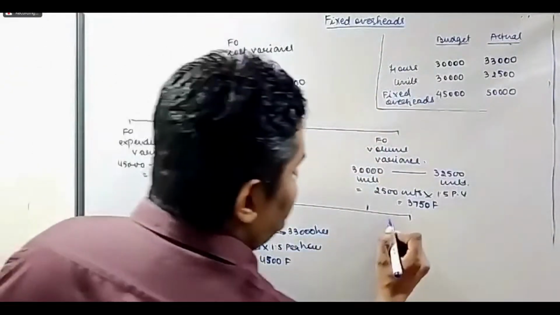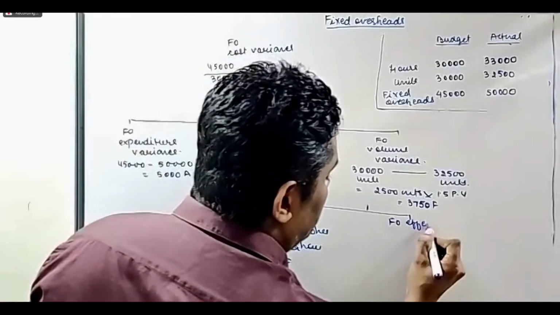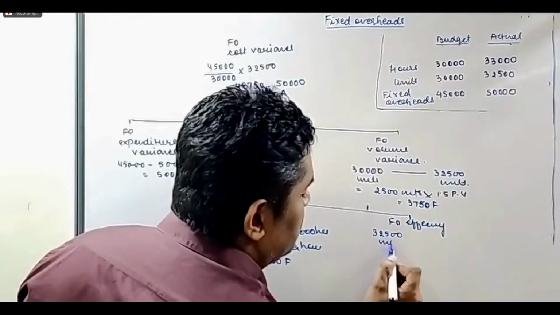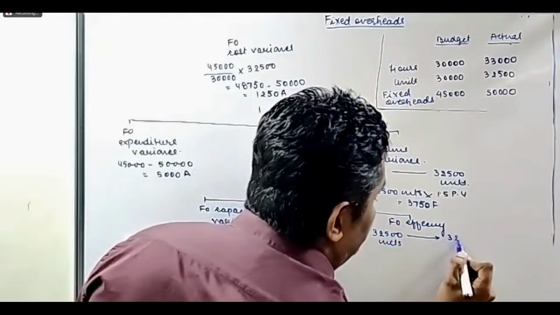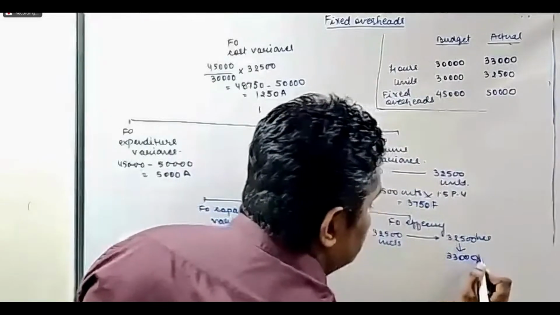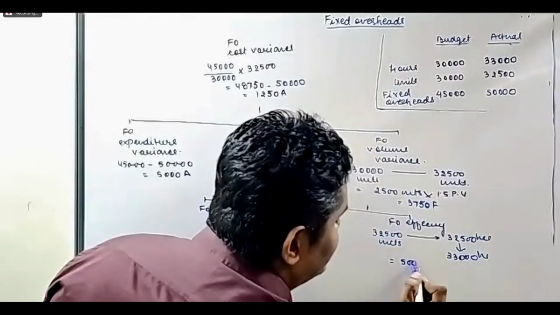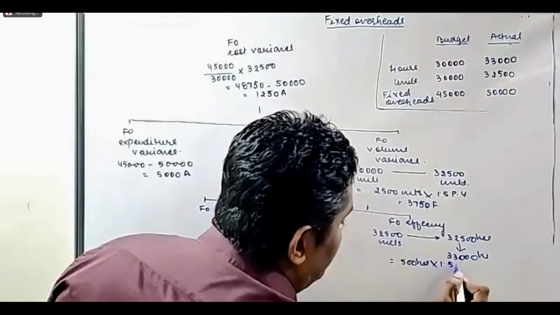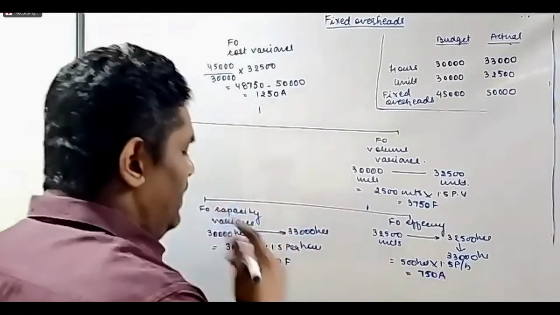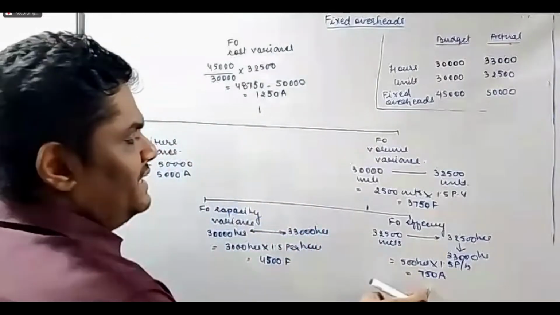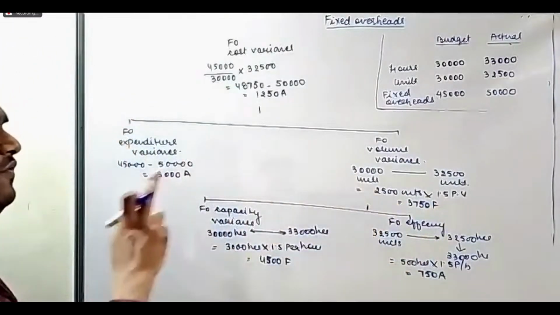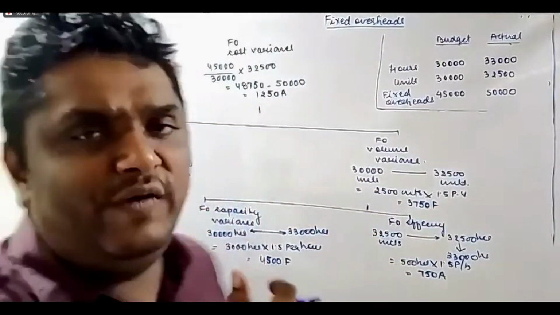Further, when talking about efficiency variance, again no change. 32,500 units should be manufactured in 32,500 hours, but we took 33,000 hours. So 500 hours is my inefficiency into the rate per hour, that is 1.5. So we will get 750 adverse. Again, 4,500 favorable minus 750 adverse, we will get 3,750 favorable. And 3,750 favorable, 5,000 adverse, we will get 1,250 adverse.